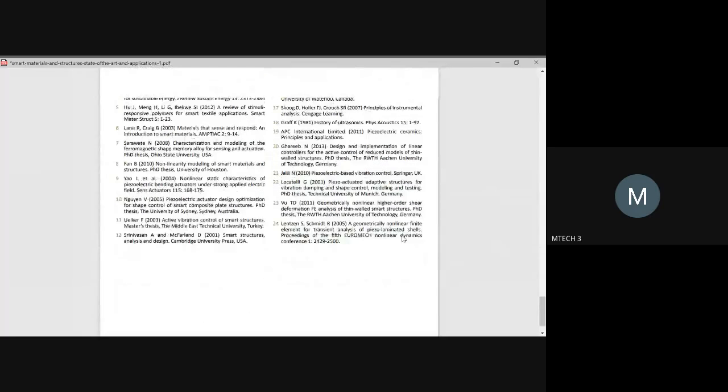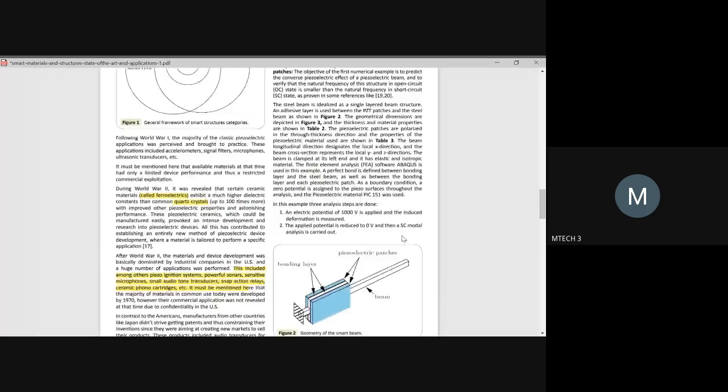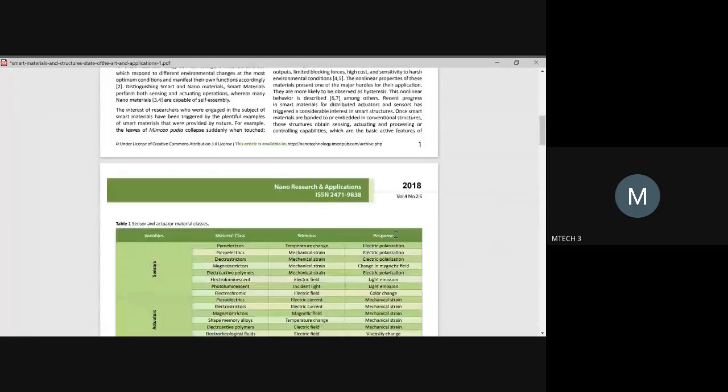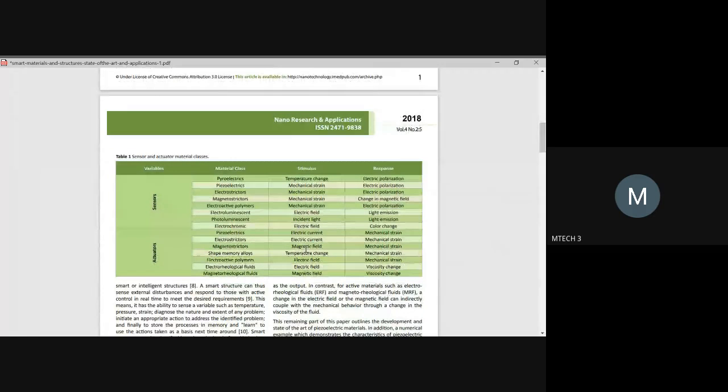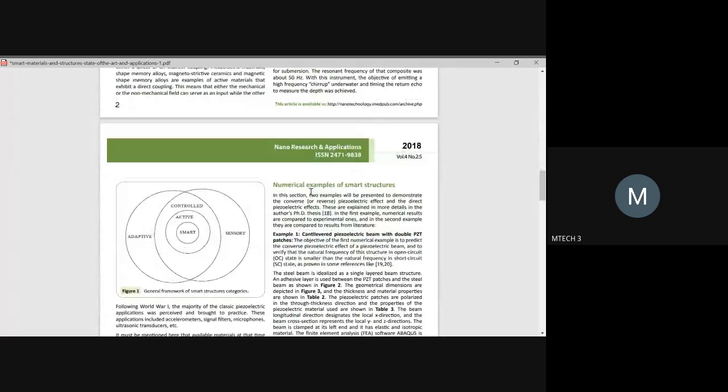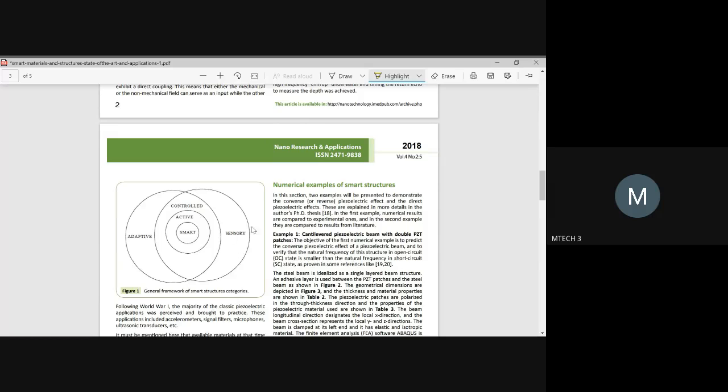So this is about the things you have to know, like how the importance of piezo material and shape memory alloys, as discussed in the table here, will help you make a smart structure. How it is related to a smart structure: we dealt with the general framework of how a smart structure is categorized. The actuator comes in the active media and sensors come in the sensory media. Apart from that, you check how smart your device is based on its performance, right?